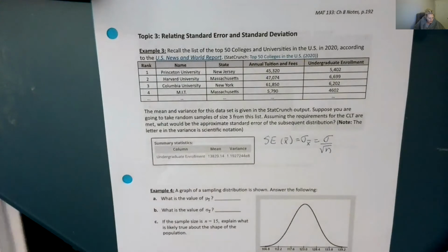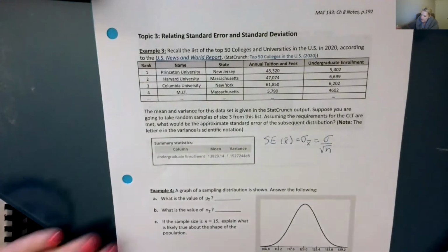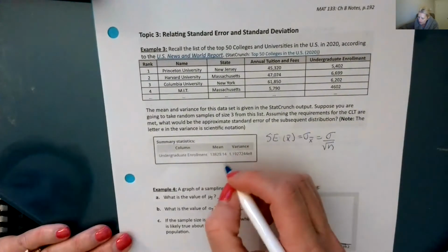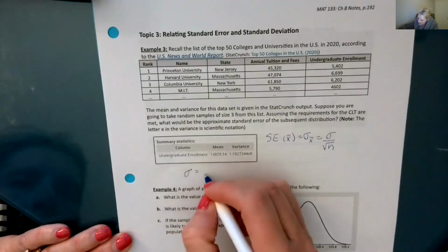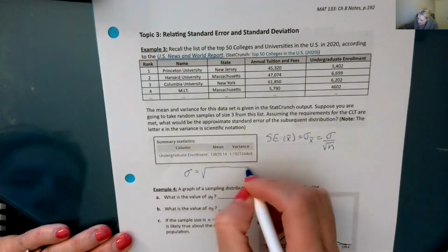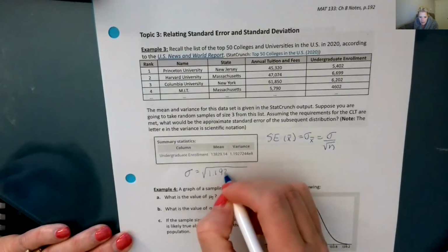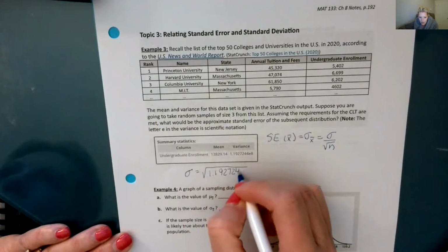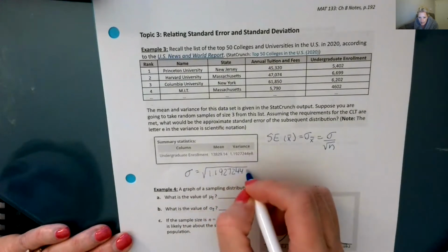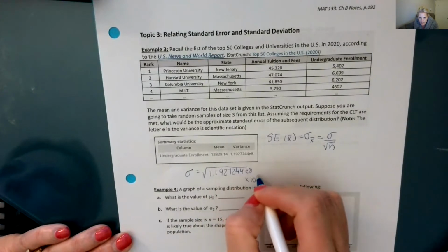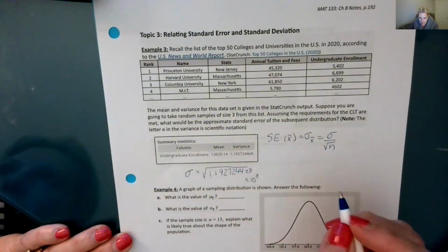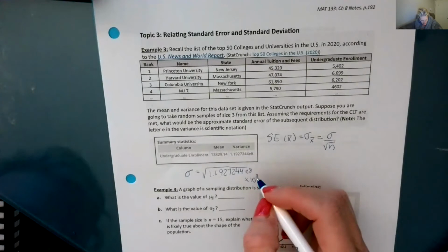Okay. So it says, suppose you're going to take this, assuming they're met, find the standard error. So to do that, we have to have the standard deviation, right? So that means we have to take the square root of this variance here, which is the square root of 1.1927244 e8. So that's times 10 to the 8th.